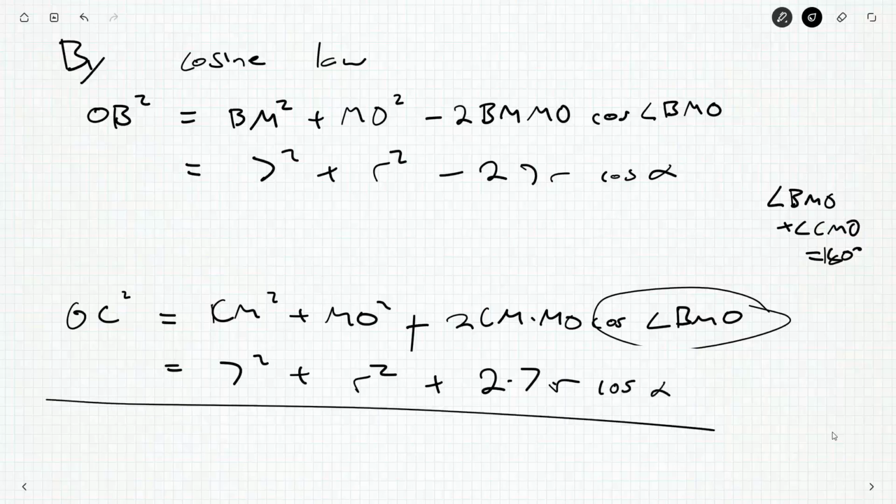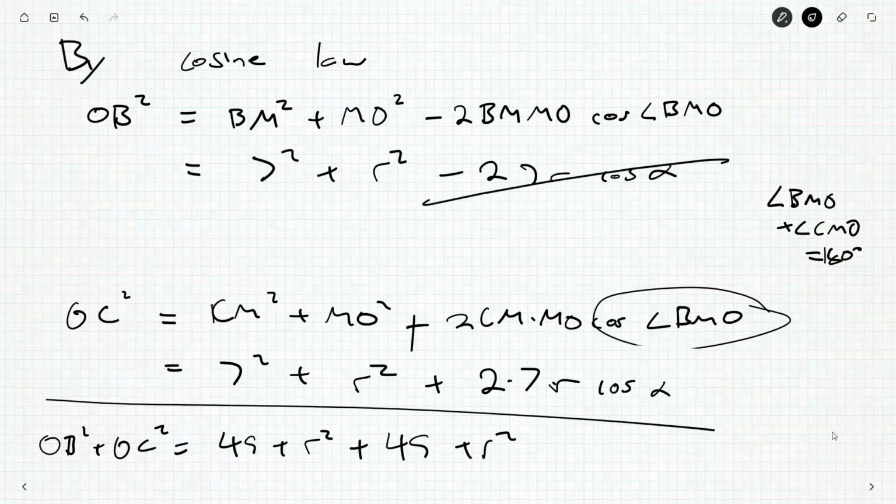So if I add these two, OB squared plus OC squared is going to be 49 plus r squared plus 49 plus r squared, and these parts are going to cancel out. Okay. And now I know OB squared and I know OC squared.